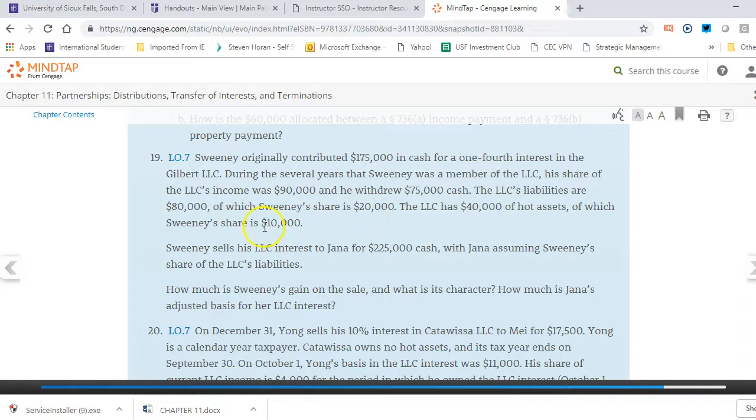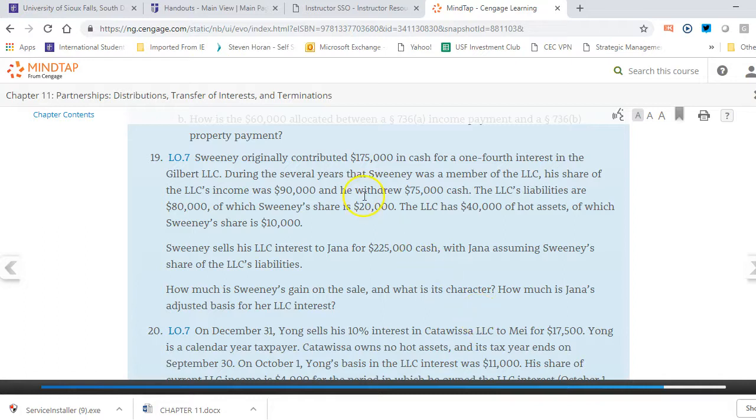His share is 1/4 of that, which is $10,000. Sweeney sells his share to Jana for $225,000 in cash, and Jana assumes Sweeney's share of the LLC's liabilities. How much is Sweeney's gain on the sale, and what is its character? How much is Jana's adjusted basis in her LLC interest?